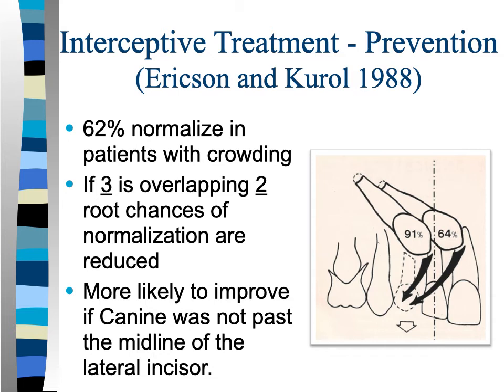So as the canine on the OPG overlaps the root more, so as it goes into sector 3 and sector 4, the chances of normalization reduce. Okay. And it's more likely to improve if the canine was not past the midline of the lateral incisor. So this kind of confirms or goes in line with the study by Lindauer et al.